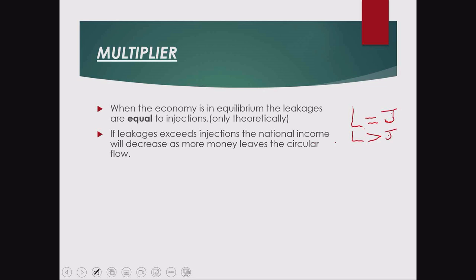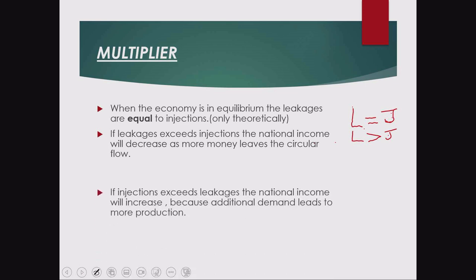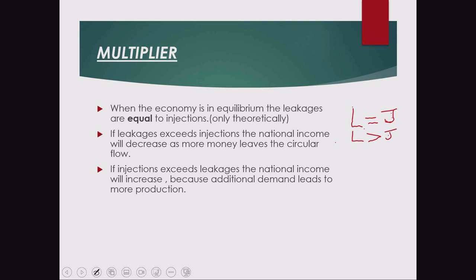The national income will decrease as more money leaves the circular flow. A lot of money is leaking. Now, if the injections exceed the leakages, it's another situation. The injections are more than the leakages because there's additional demand, which also leads to more production.